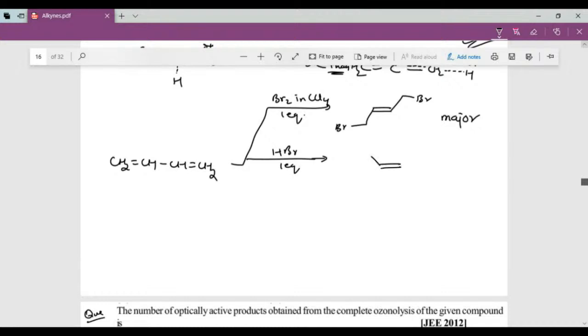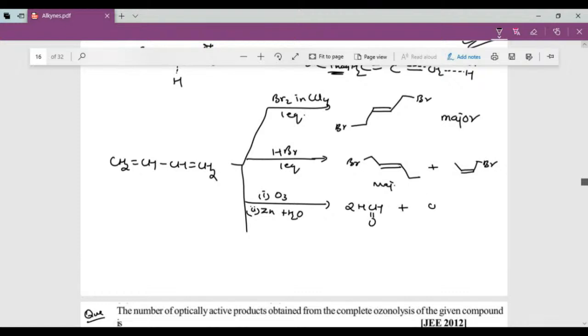Okay, this we have already done. Here also major is trans. But certainly to a much larger extent, this is also formed as compared to bromine addition. When we do ozonolysis followed by zinc and water, then we have 2 moles of formaldehyde and 1 mole of glyoxal.